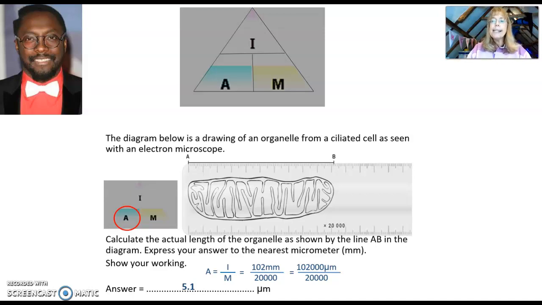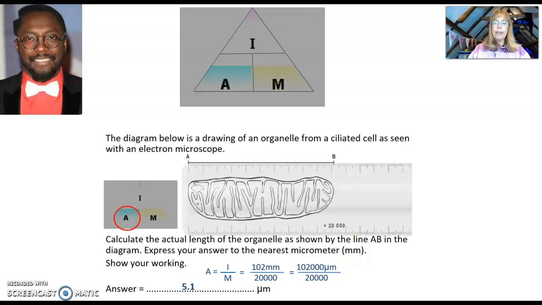An organelle from a ciliated cell as seen from an electron microscope. Calculate the actual length. So that's the A. What is the real, the actual length of the organelle as shown by the line AB in the diagram. Express your answer to the nearest micrometer. And actually, I should make that a µm. Apologies for that. Show your working.